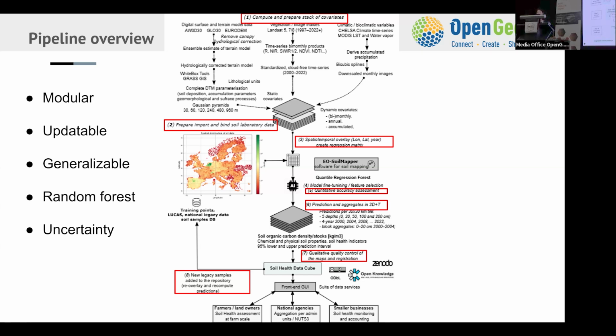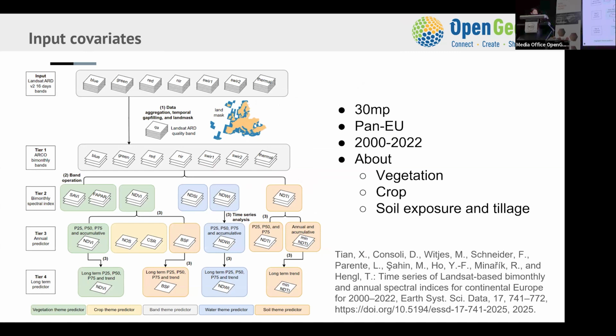The first step is to prepare the input to fit the model. One very important part is the covariates, the features. And again, it's another ugly plot, but what's important is that we prepared time series of Landsat-based satellite-derived indices about vegetation, crop, soil exposure, and tillage.